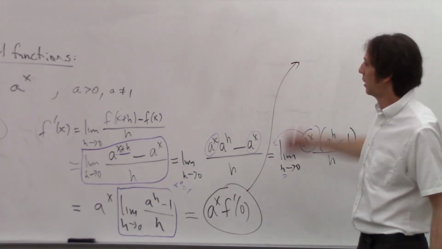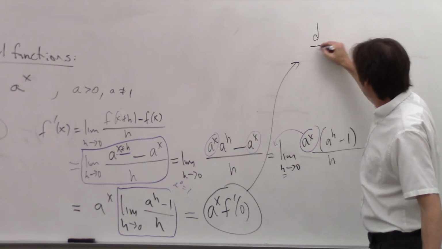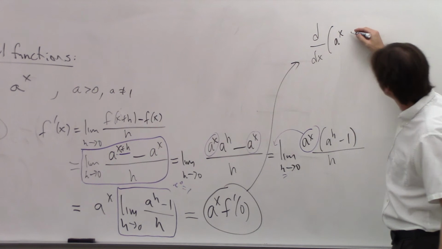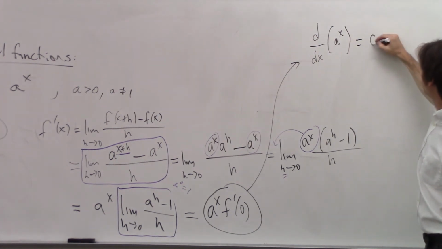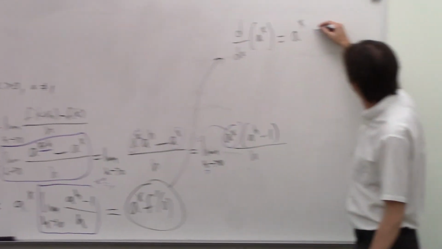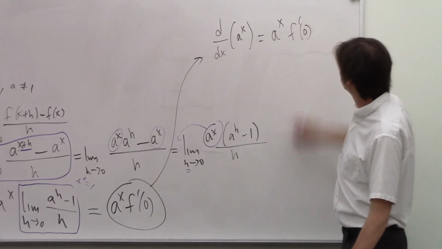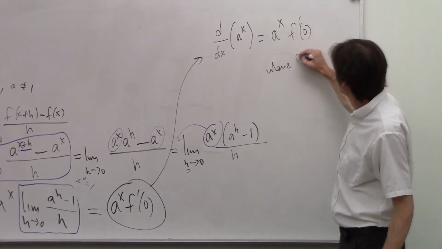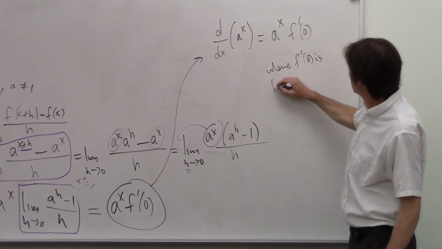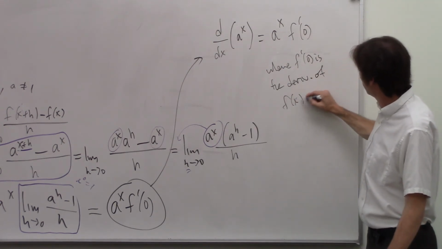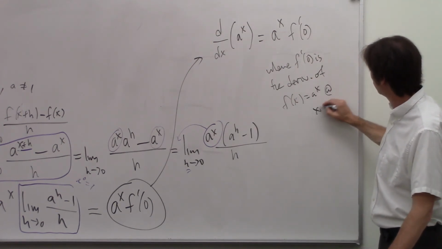All right, I'll put it up here. d dx of a to the x is equal to itself, a to the x times f prime of 0, where f prime of 0 is the derivative of f of x equals a to the x at x equals 0.